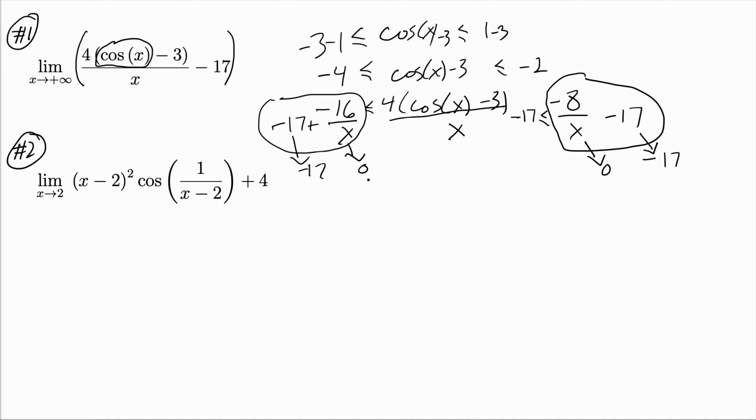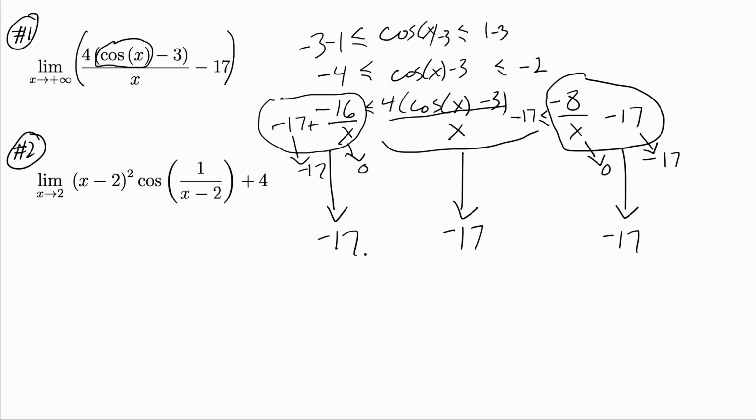So this whole side goes to -17, this whole side goes to -17, which means what's in the middle must also limit to -17. Okay, so that's a description using the sandwich theorem of how to use sandwiching to show why this first limit will be -17. So that concludes the discussion for that one.